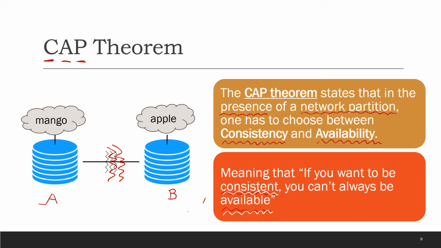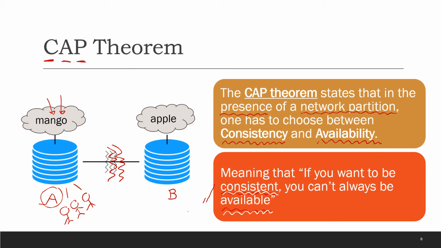And if we choose to have the system be available, that means we continue to give service to the user. The user can remain using the system, accessing the data. And it can happen that users of node A would make a data update with Mango.